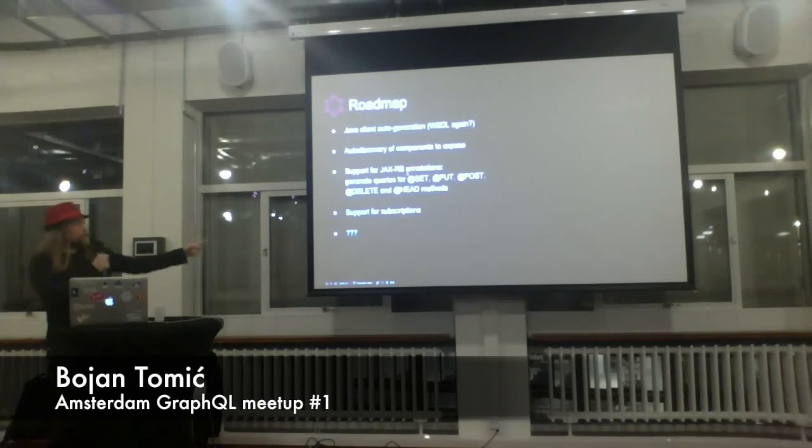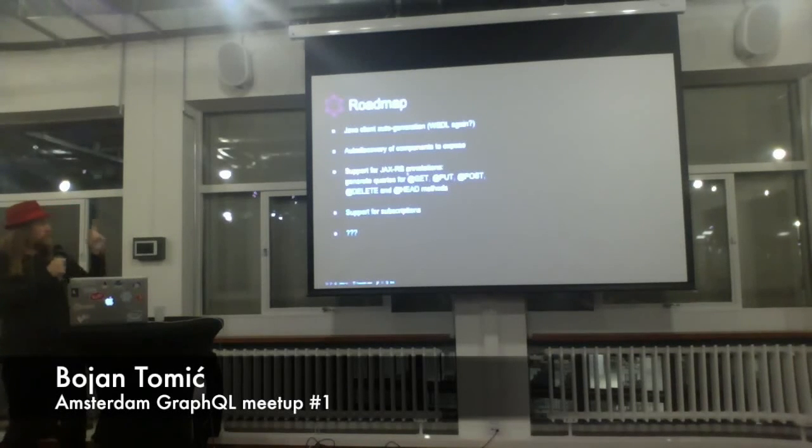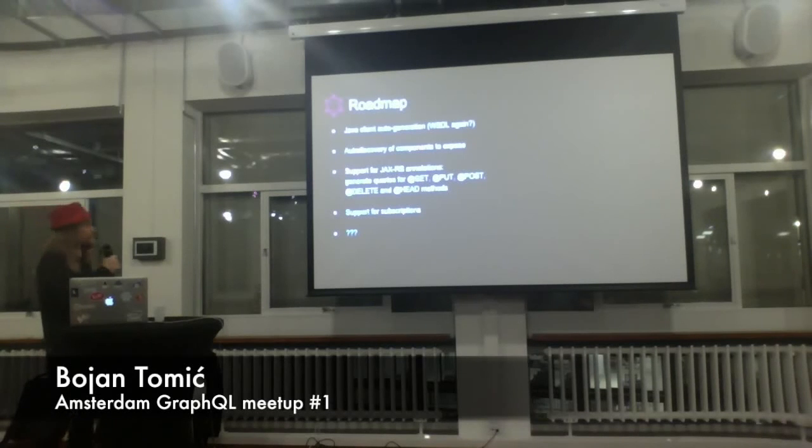I really want to do this one. Because, as I said, it's completely customizable how you discover what's a query, what you expose. So, why not just use existing annotations of a different framework? Let's say you already have your REST endpoints done using JAX-RS, for example, with the normal JAX-RS annotations, GET, POST, and so on. Those are the methods that are exposed to the client. So just tell your GraphQL schema builder that these are the ones you want, not the GraphQL query ones that I showed you, but these annotations, and that's it.